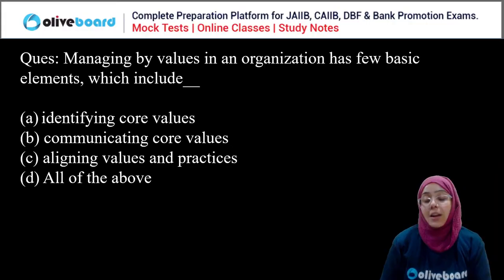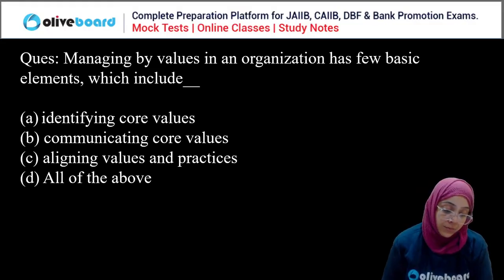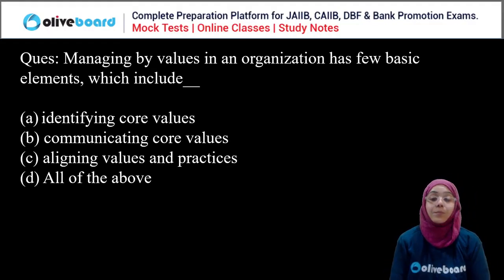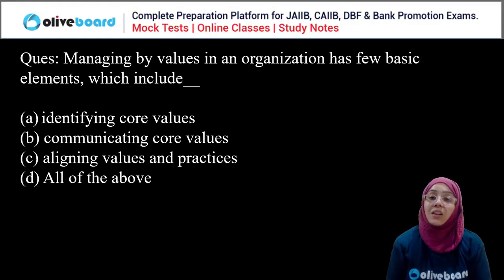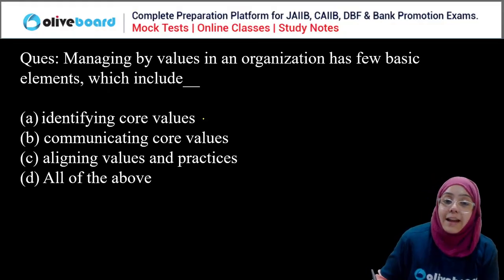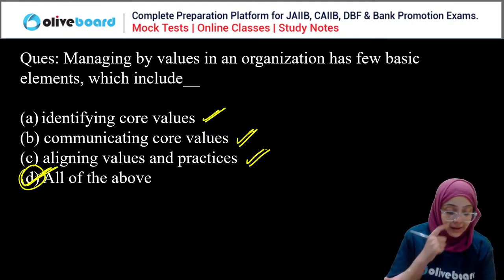Please answer this question, everyone. Managing by values in an organization has a few basic elements which include identifying core values, communicating core values, aligning values and practices. Obviously, all of the above is the correct answer.